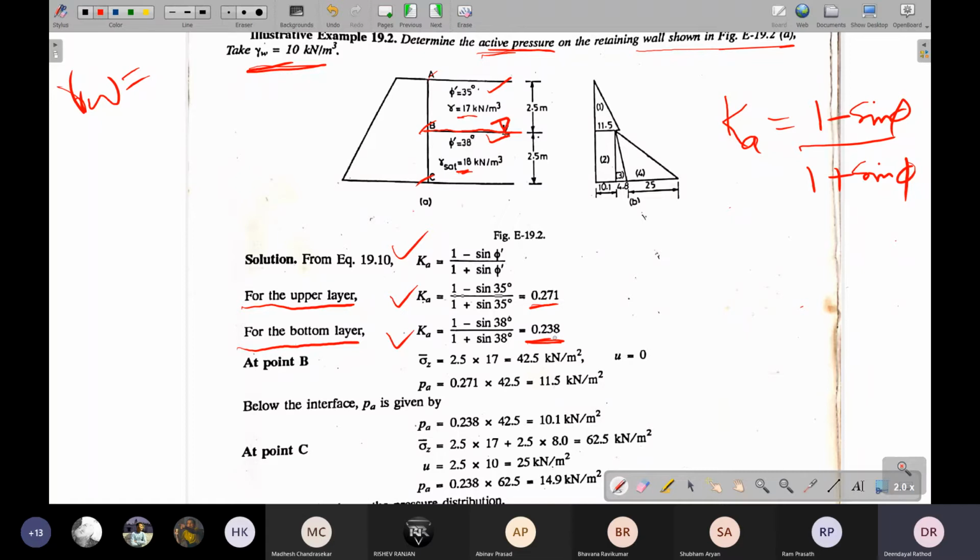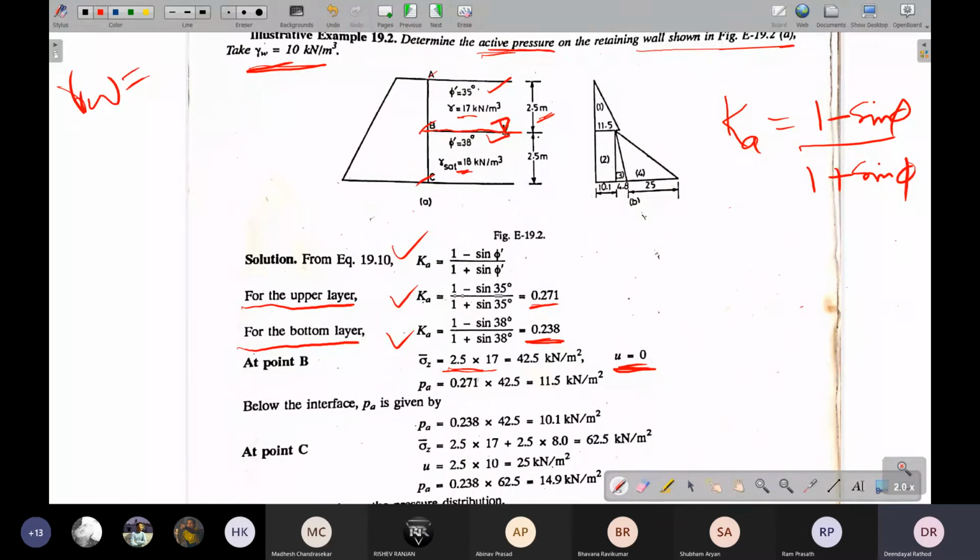Ka, we got it. Now we have to find out the vertical stress. Vertical stress at A is 0. At plane A, I'm talking about the whole layer. At the B plane, what is the vertical stress here? For the vertical stress, 2.5 multiplied by gamma. Any pore water pressure? Nothing, 0.